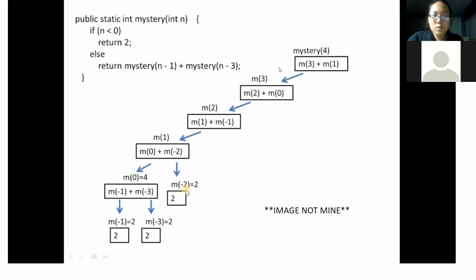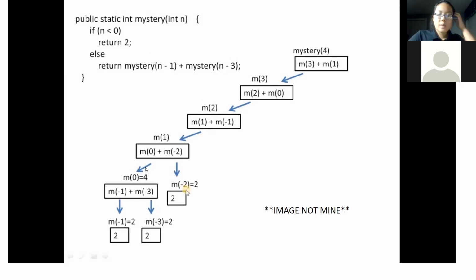And then we essentially do m3 first for this one, because we're minusing 1 and calculating one of those. So m2, and mystery n-3, which is 0. We go to m2 and we're saying m1 and m-1, because again we're minusing 1 and then minusing 3. Go to m1, same thing again. But then we see that m0 is not really working, right?